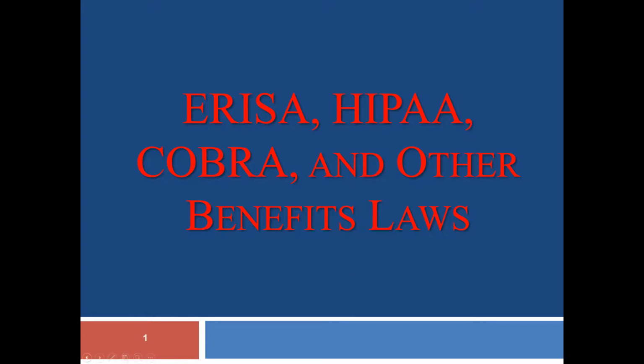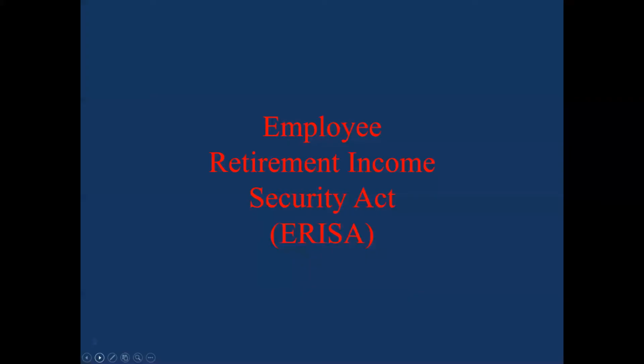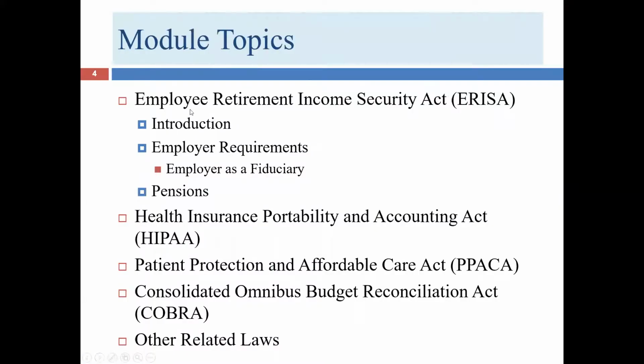So let's begin. In our first lecture, we covered the Employee Retirement Income Security Act, more commonly referred to as ERISA. And so now in this presentation, we're going to cover the Health Insurance Portability and Accounting Act, which is usually called HIPAA.